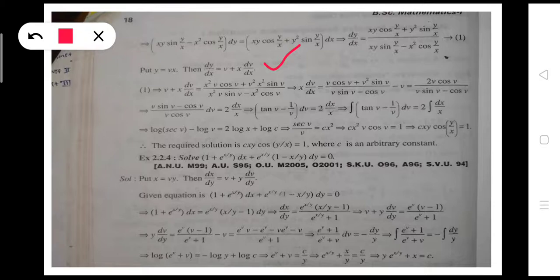Substituting y values, that is vx, we get x square into (v cos v plus v square sin v) by x square (v sin v minus cos v). Now simplifying, we get x into dv by dx is equal to (v cos v plus v square sin v) by (v sin v minus cos v) minus v. This is equal to 2v cos v by (v sin v minus cos v).